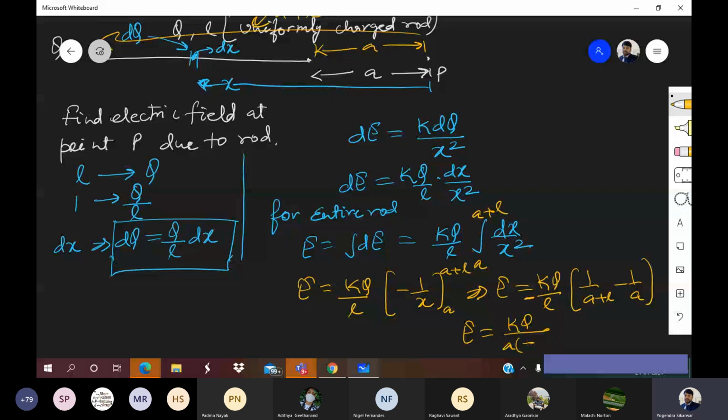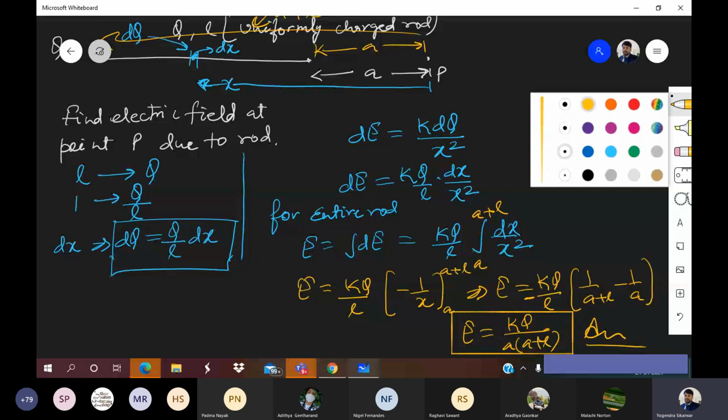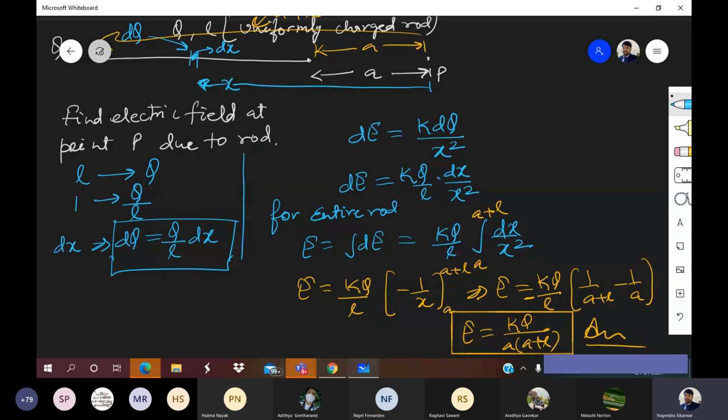Now there can be one more method which is even simpler, but to use that you need to remember a certain value, and let us see how we can do that. So E is equal to F by Q. Remember how much was the force which we solved in the last case?